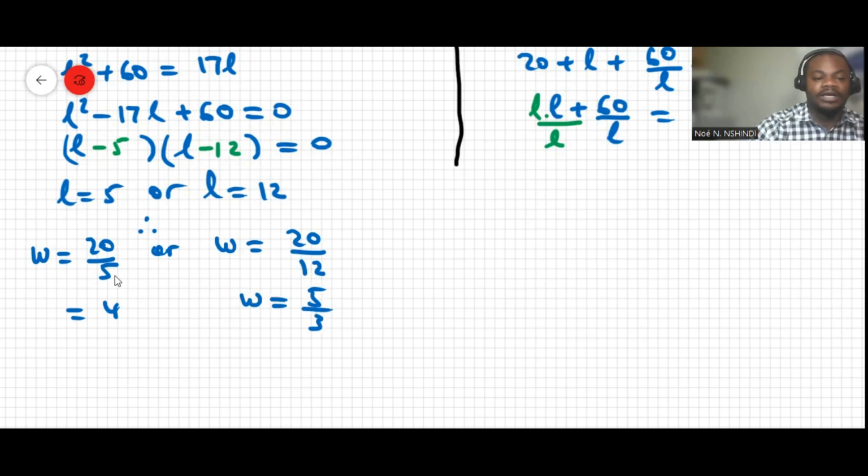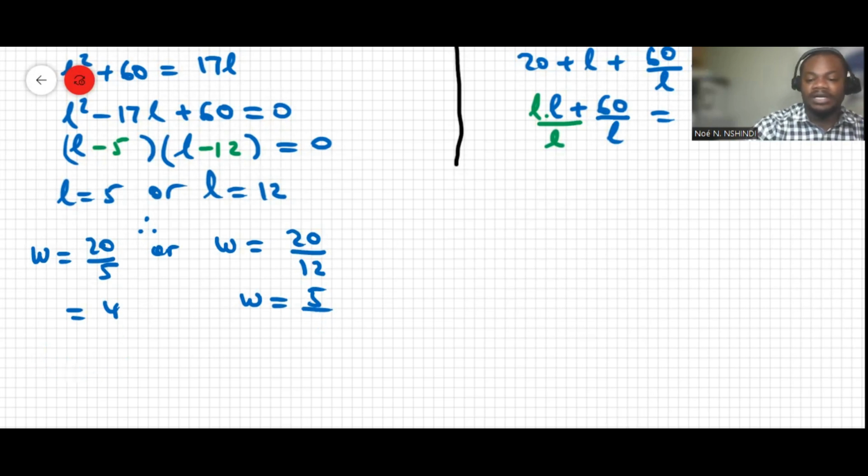So if you do like 5 times 4, you get 20, okay? And then 12 times 5 over 3, you still get 20. You can check it in a calculator. But now the question says if we add 3, the new dimension means L plus 3.